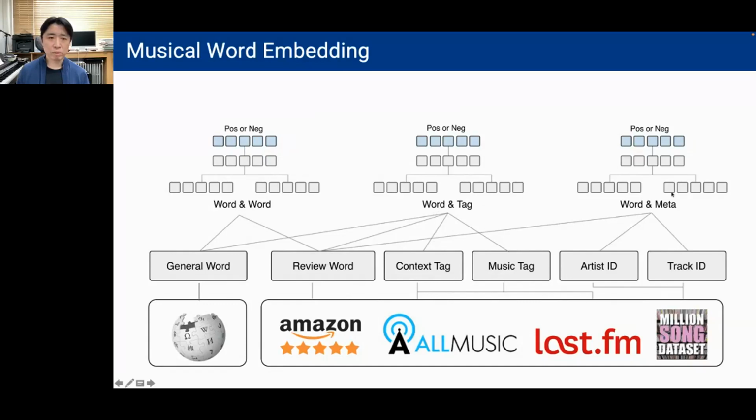The last is word-to-metadata pairs, where the words are sampled from music review, and metadata are from the MSD, the artist and track IDs. Since the word dictionary is shared across all datasets, the general words become more musically informed.